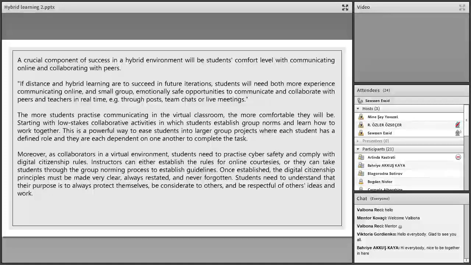or live meetings. And the more students practice communicating in the virtual classroom, and here I am really experiencing this with my own students when they are online with me and they are talking to me or talking to their friends, they feel more and more comfortable.